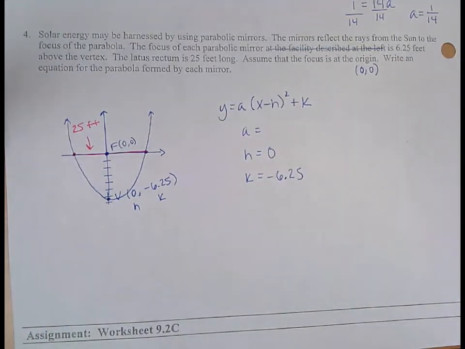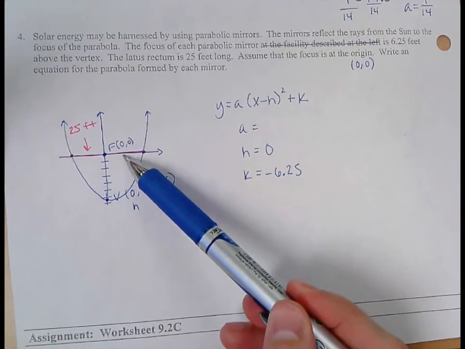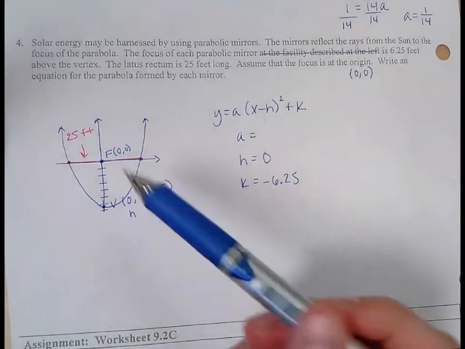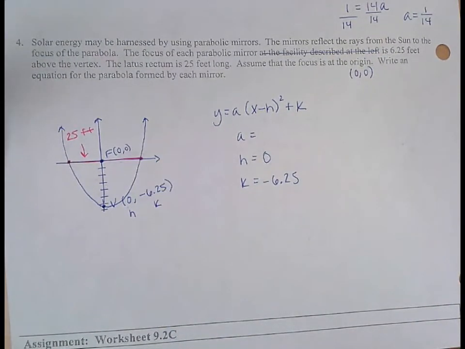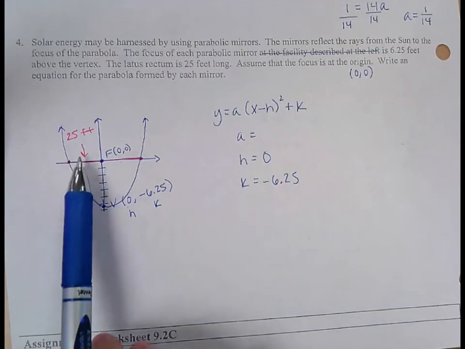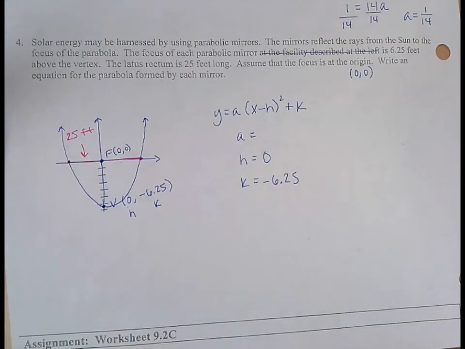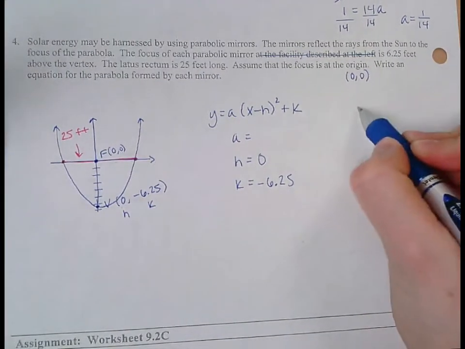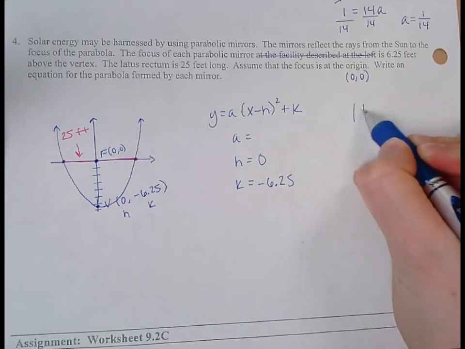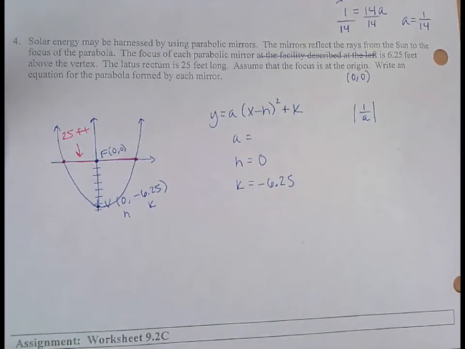We just need to find a. There are multiple ways we could find a here because we do have the focus. In example 2, when we had the vertex and the focus, we were able to find a using the focus. However, if you're given the latus rectum, finding a is a little bit easier using that, because you know the length of the latus rectum is the absolute value of 1 over a.